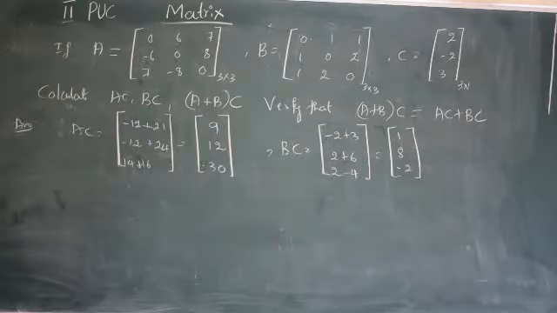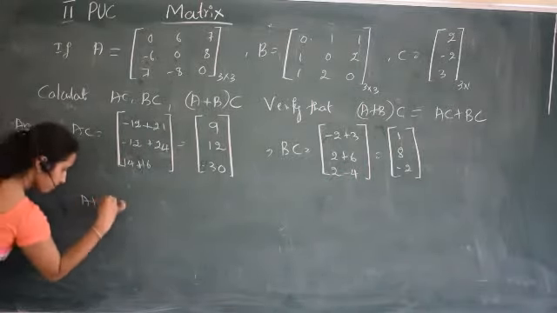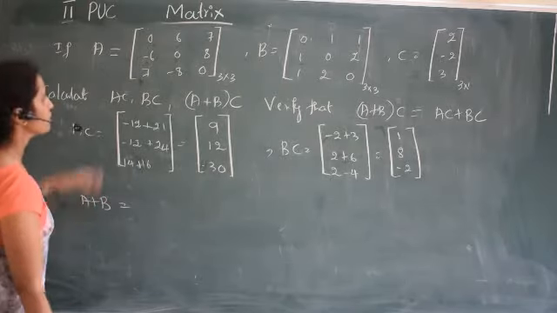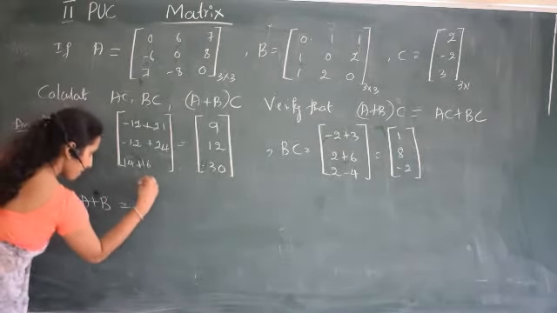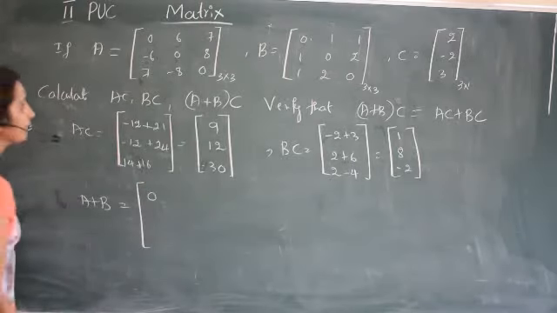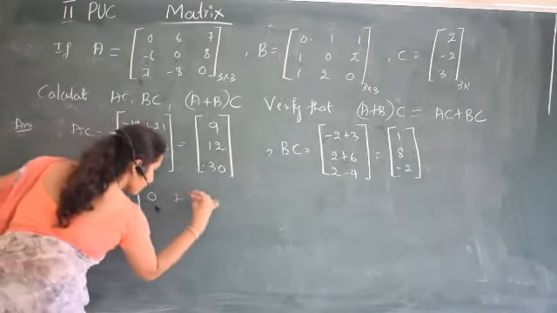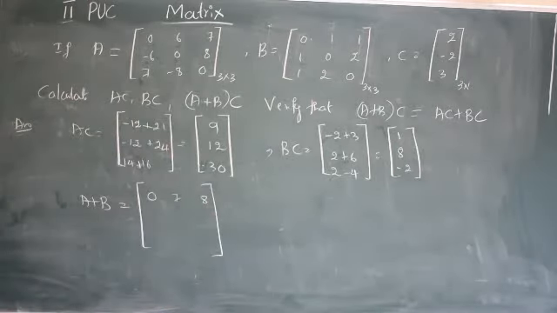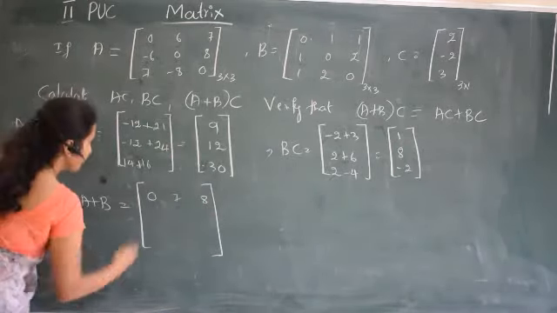Next we have to calculate A plus B. What is A plus B? We have to add A and B. So the entries are: first row 0, 7, 8. Next, minus 5, 0, 8.